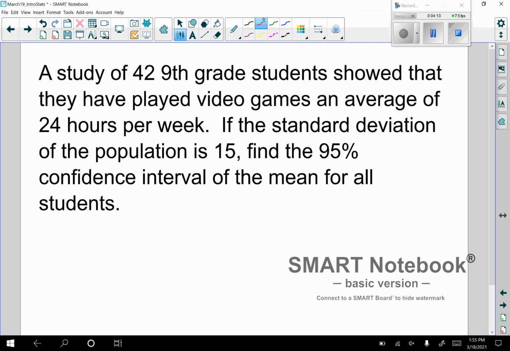All right, so let's see what you came up with, but if you need more time, pause the video again. Notice it says right here, the standard deviation of the population is given, so that's sigma. So this is from section 7.1, which means we're using z sub alpha over 2.